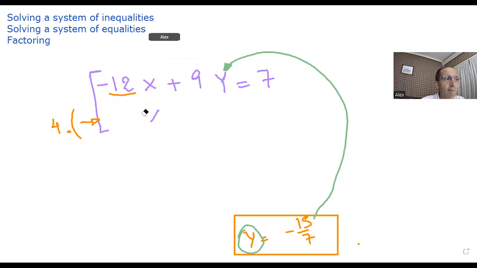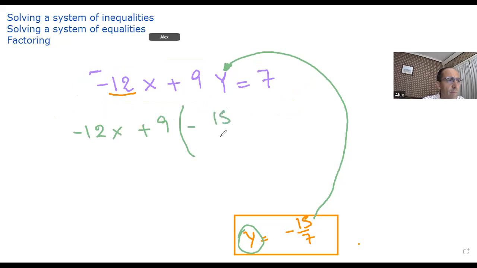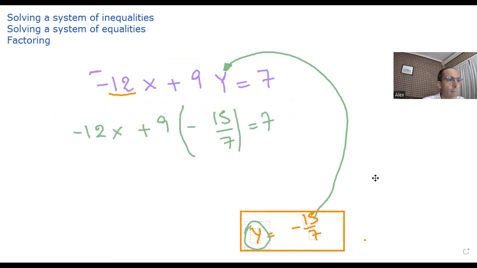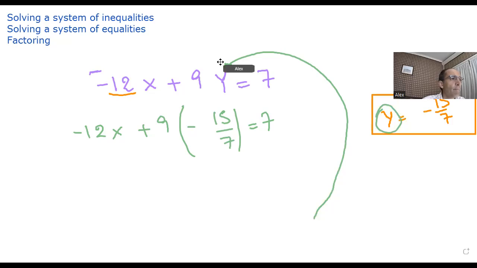For instance, we could do it in the first equation. So we would say minus 12x plus 9, and now we will replace y with the value that we have already found. Now we'd like to leave the x on one side.